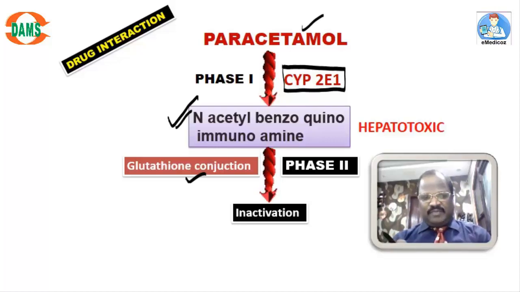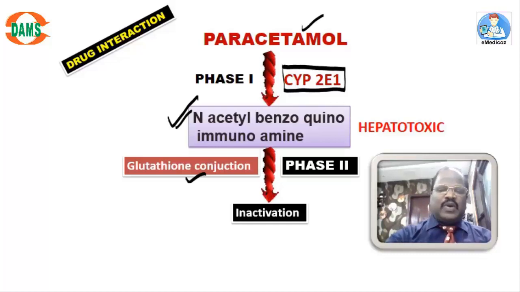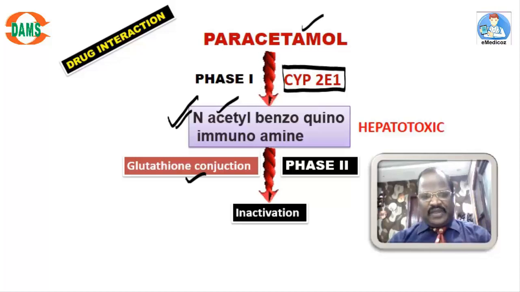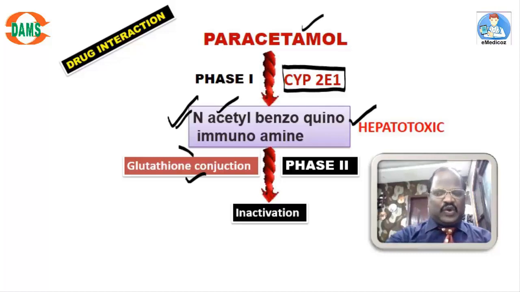But if the person takes an overdose of paracetamol, that means in case of paracetamol poisoning, too much of this hepatotoxic metabolite gets formed. We don't have that much glutathione to make conjugation. So, in paracetamol poisoning, there is a risk of liver damage. And to prevent the liver damage, we should make glutathione available.